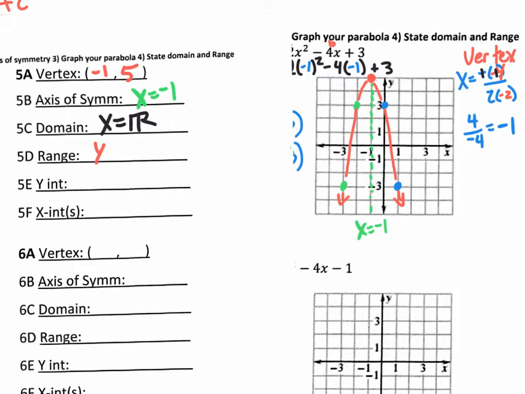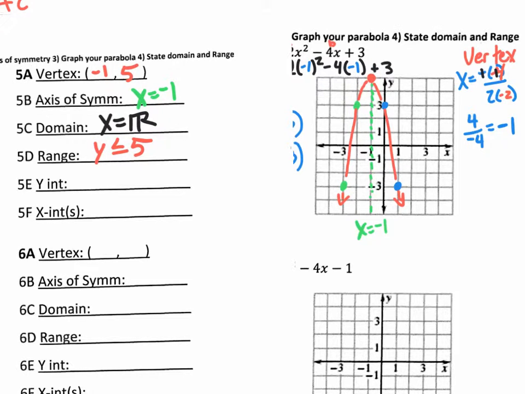And we're talking about the y value of the vertex. So what do you guys say? Is this greater than or equal to or less than or equal to? Less than or equal to. Why is it less than or equal to? Because it's opening down. So it has to be less than the vertex y value. So we're going to put less than or equal to. And yes, the y value of the vertex is 5. Perfect. That y level is at 5, and the whole parabola is at 5 or below 5.